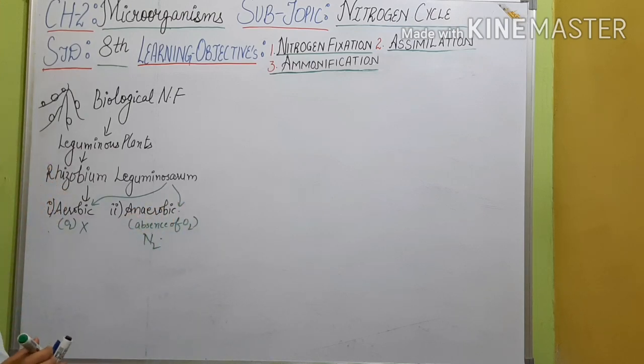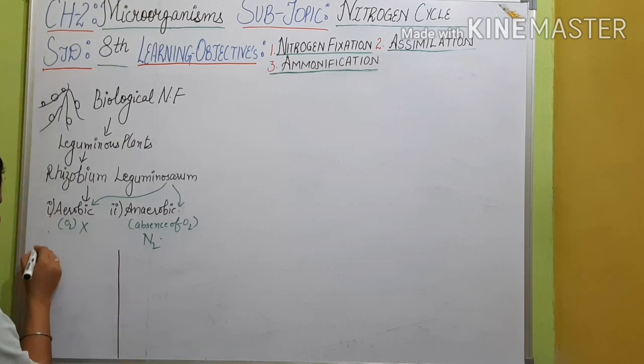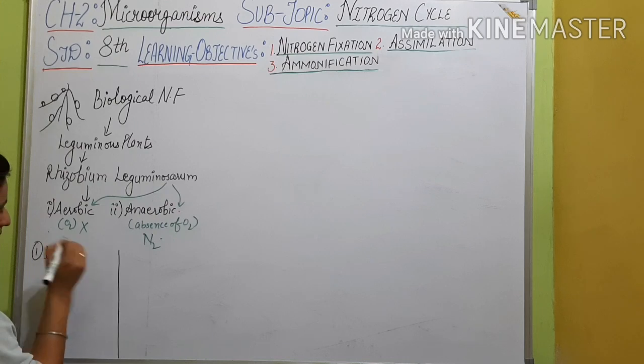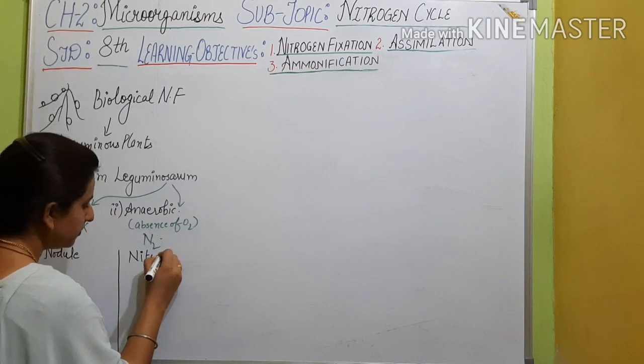And how the leguminosarum will fix the nitrogen, let's see. We will discuss with the help of two steps. First is formation of nodule, and second is the nitrogen fixation.